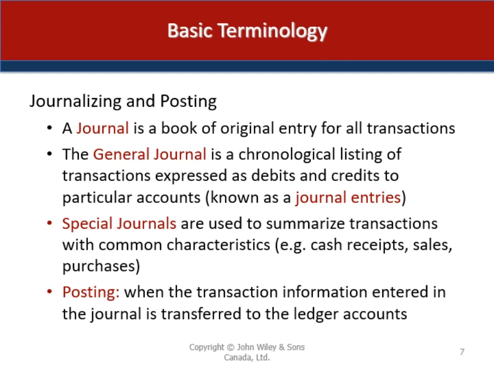There are other journals, purchases journals. If you're buying inventory, the purchase of that inventory could be recorded in a purchases journal. So there are a number of specialized journals that are used to minimize the repetitive work that goes into recording commonly repeated transactions.